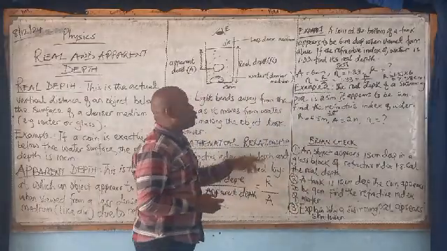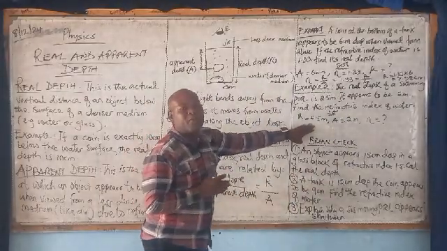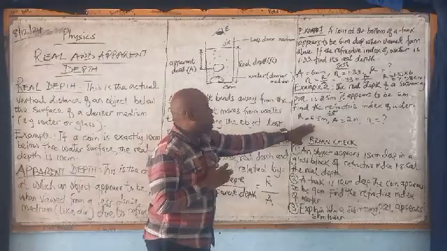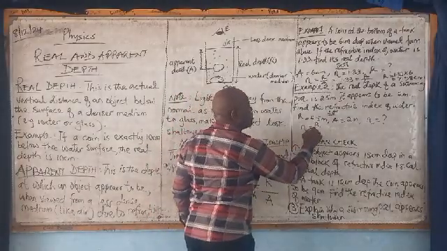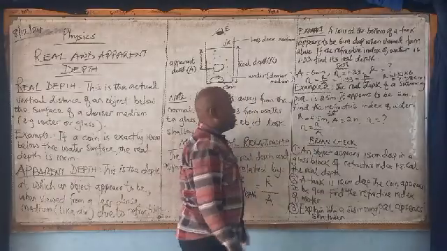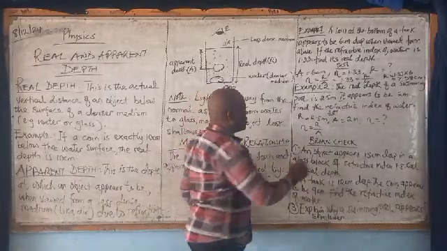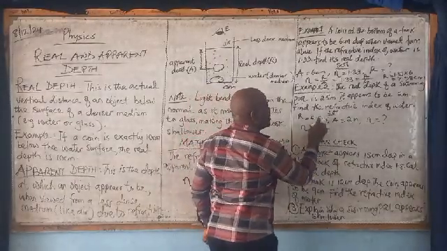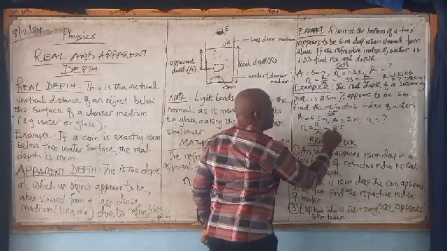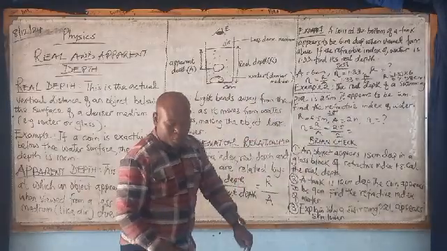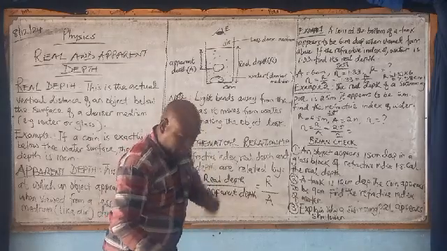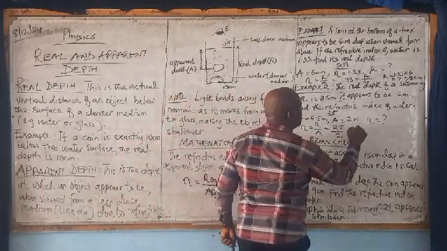First of all, you write down your formula, because the formula carries marks. Very, very important. So refractive index is equal to real depth over apparent depth. Now you can substitute. This gives us real depth, which is 2.5, divided by the apparent depth, 2. By the time you press your calculator, it's going to give you 1.25.